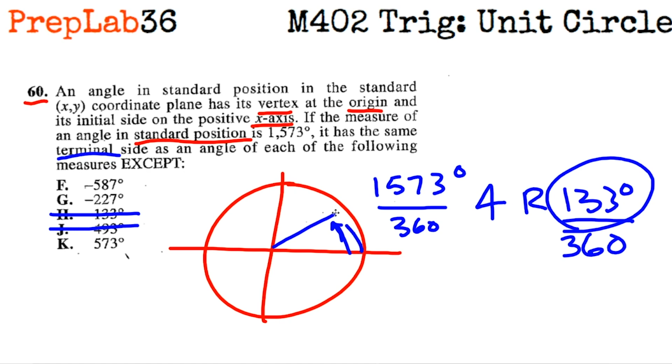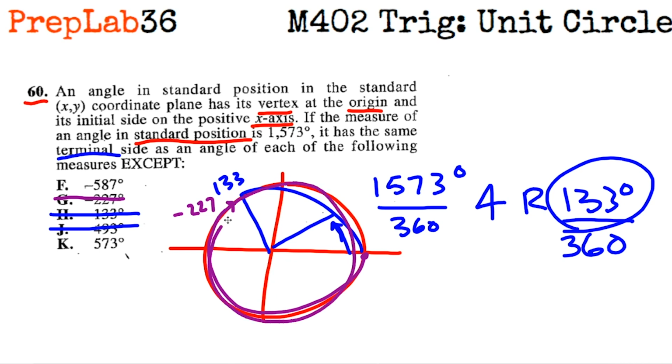If I go to 133 degrees, right up about here, and I take the negative, starting at 0, I go all the way around negative, that gives me negative 227. So G is eliminated. 227 minus 360 going around 1 time and another 277 is negative 587.